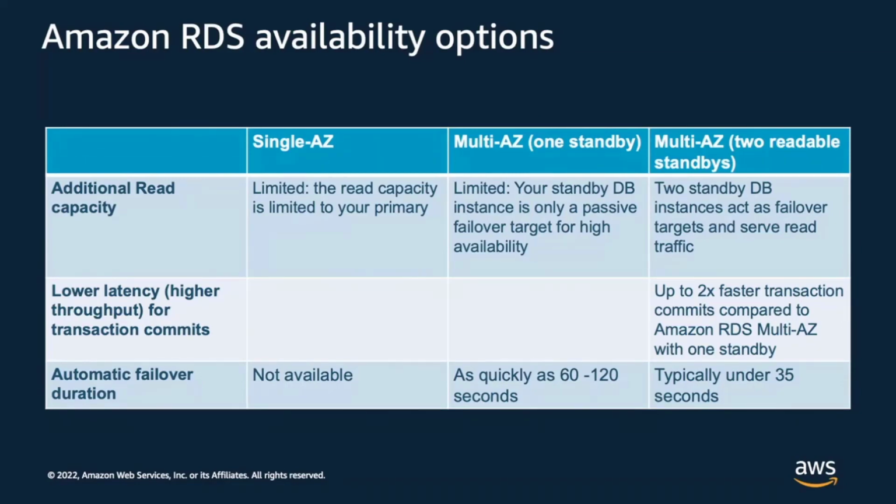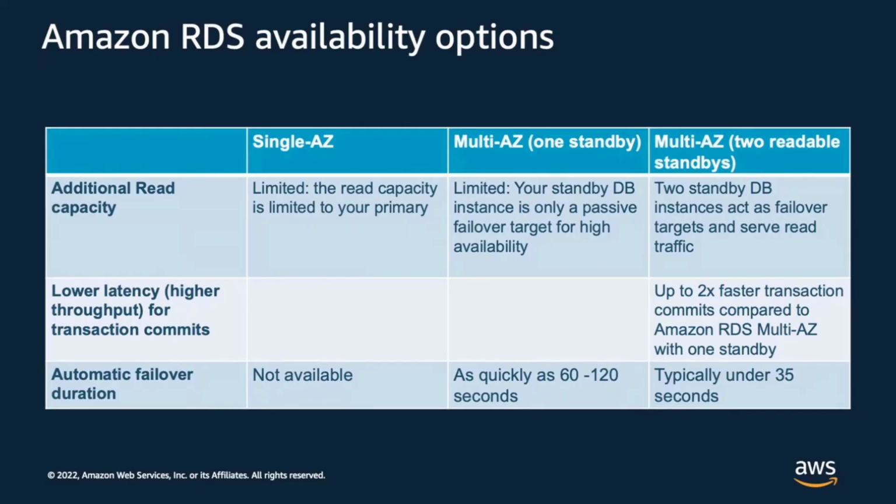Instead, you must perform a user-initiated action like a point-in-time restore operation, which can take several hours to complete. Another, any data updates that occur after the latest restorable time, typically within the last 5 minutes, will not be available.